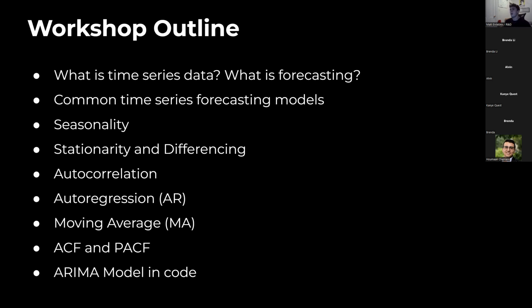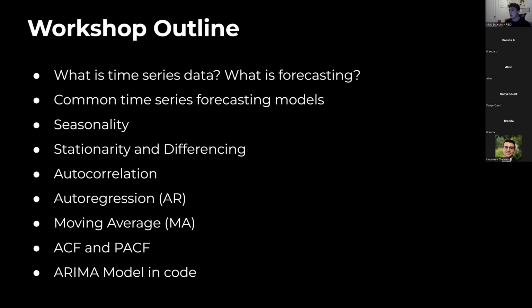Okay, so getting into the workshop. For everybody who is unaware, this workshop is going to be about time series forecasting. The idea is to give a general overview of a lot of the different things in time series forecasting and time series analysis in general. A lot of it can be a little bit daunting when you look at all the different terms, models, and coding.